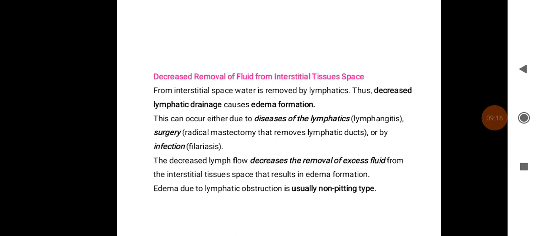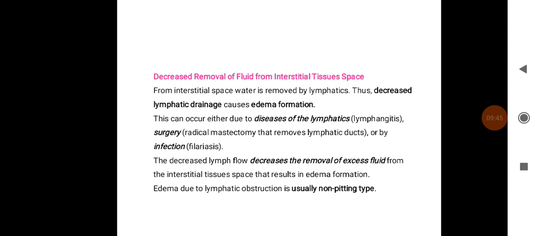Coming to applied aspects, decreased removal of fluid from the interstitial space may sometimes lead to edema formation. This can occur either due to diseases of the lymphatics like lymphangitis, after surgery, especially after radical mastectomy that removes the lymphatic ducts, or by infection like filariasis.